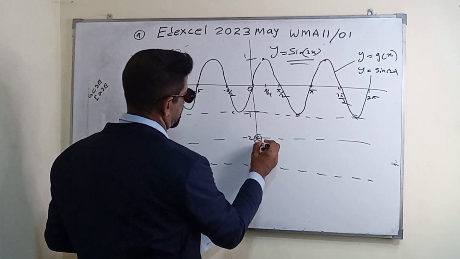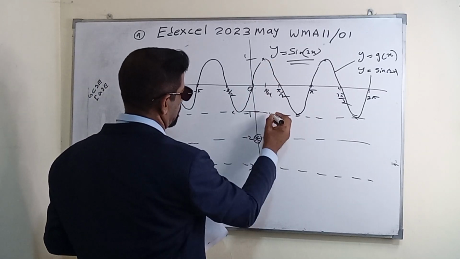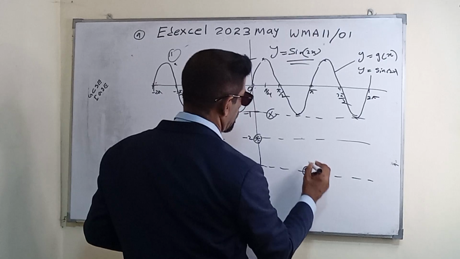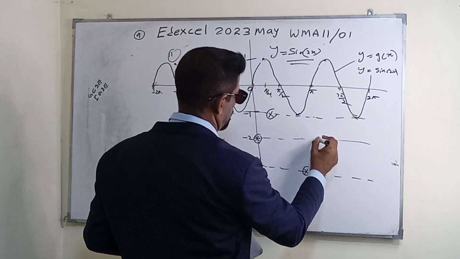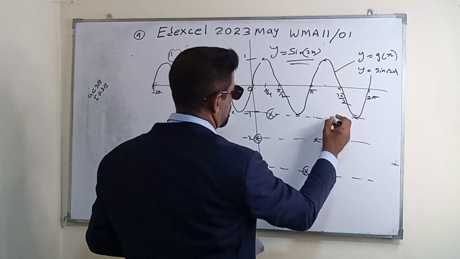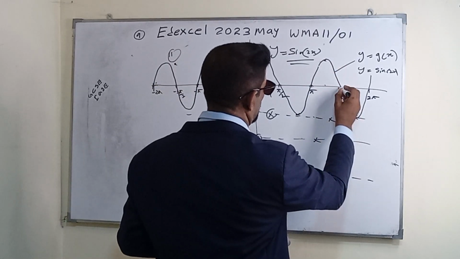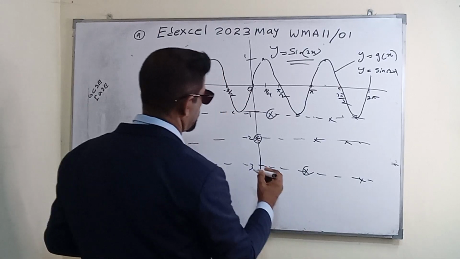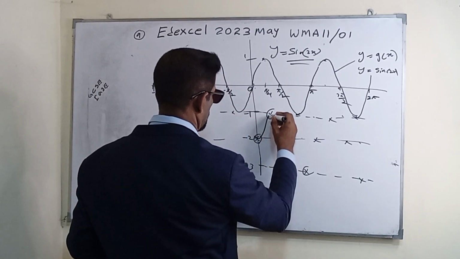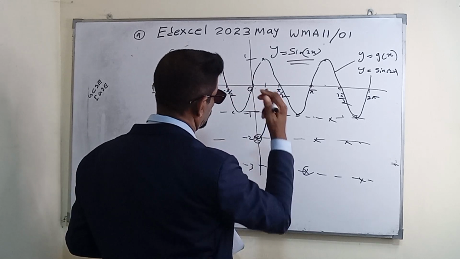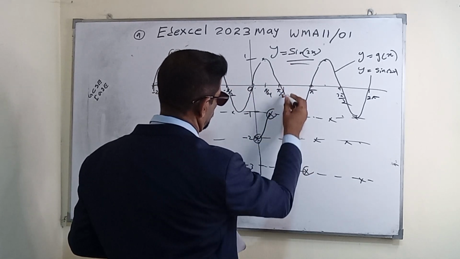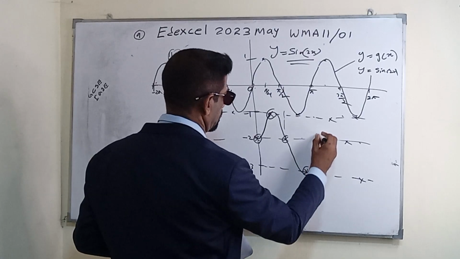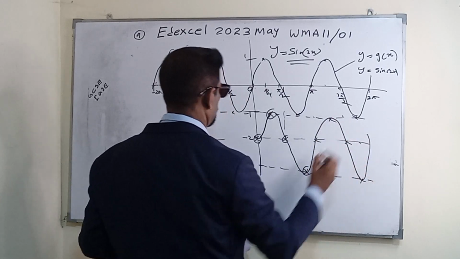So the maximum point, the minimum points, and the other points all move 2 units down, and the graph shape moves down only.